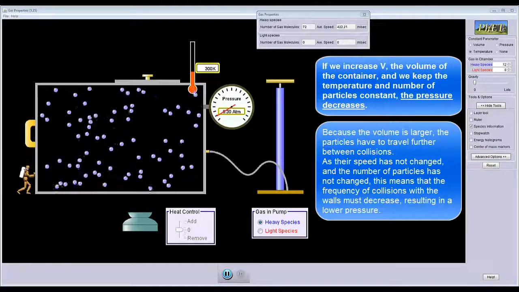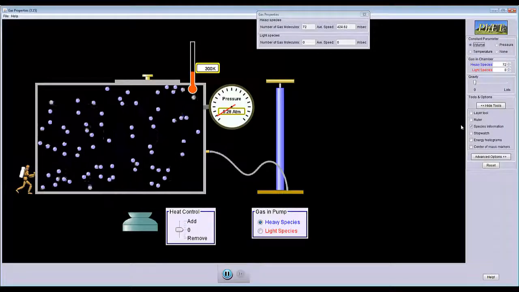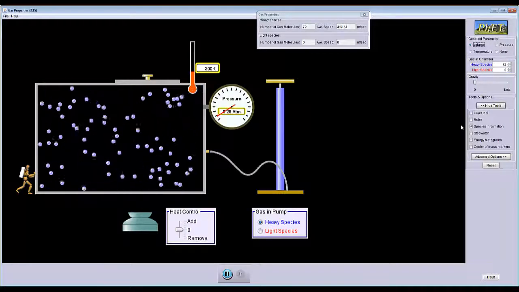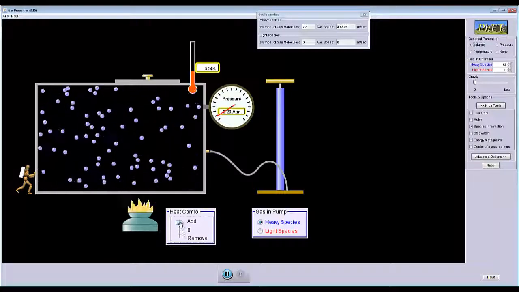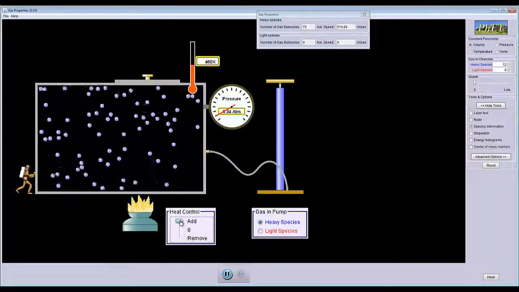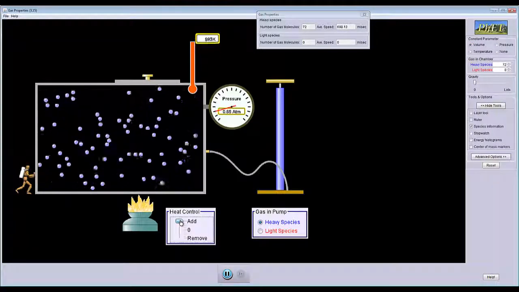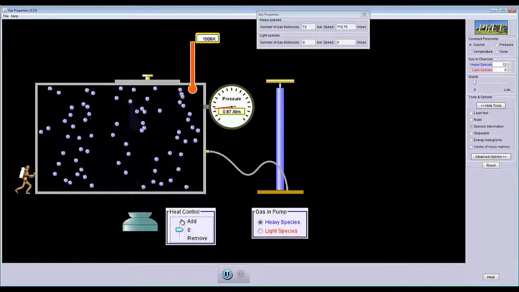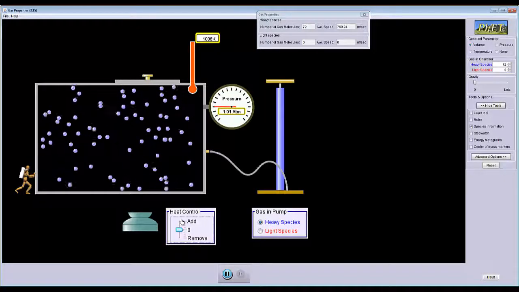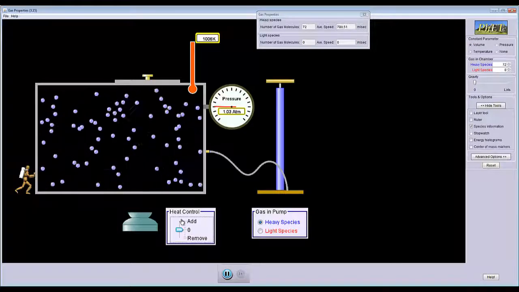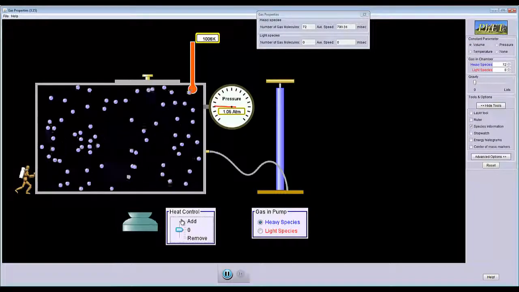Thirdly, if we keep the volume constant and we increase the temperature, what we're doing is we're increasing the average kinetic energy of the particles. And so that means that in each collision there is a greater change in momentum of the particle, which means that each collision of a particle with a wall exerts a larger force on the wall.